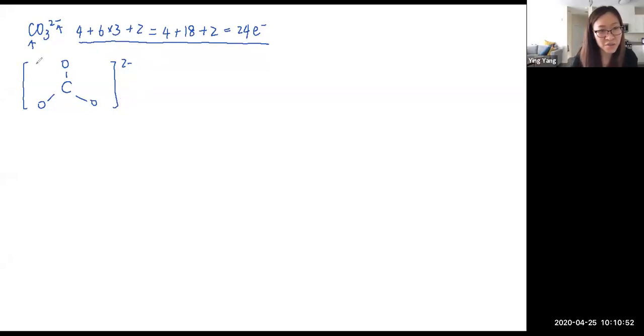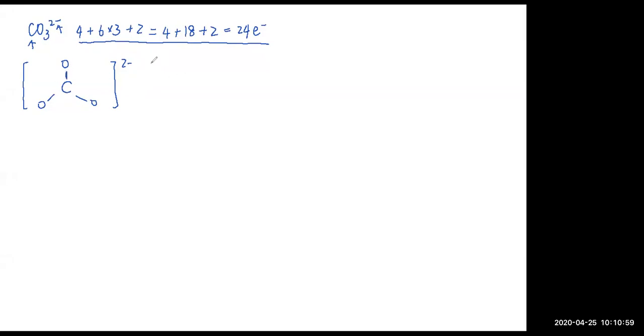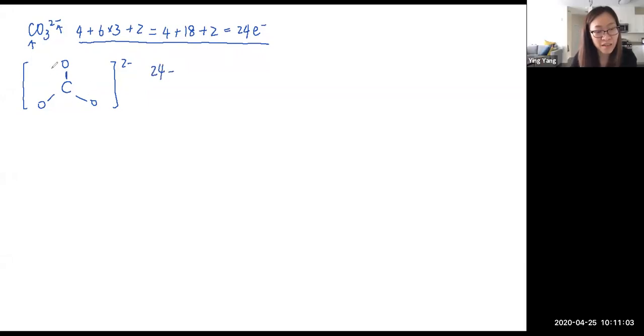And then for the carbonate here, you just draw all those 3 bonds. The first thing I would do is subtract the bonding electrons. So 2 here, 2 here, 2 here. So I'm going to subtract 6 bonding electrons, and I get 18 left.